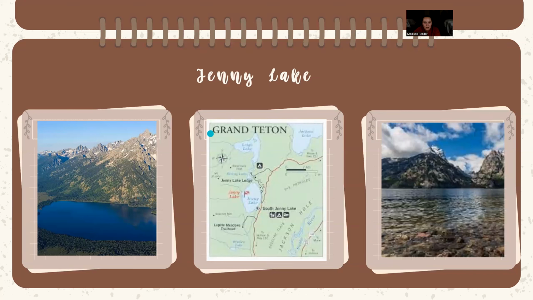And this is a map of where it's at. We've got Jackson Lake up here, and Jenny Lake down here, and Jackson Hole, the Snake River, all down here. So it's in the middle-ish of the park.